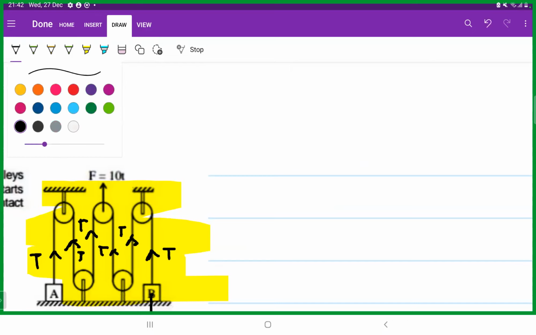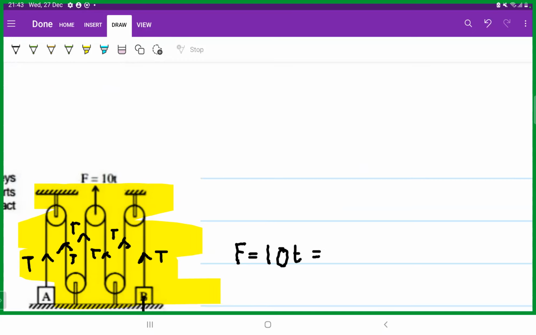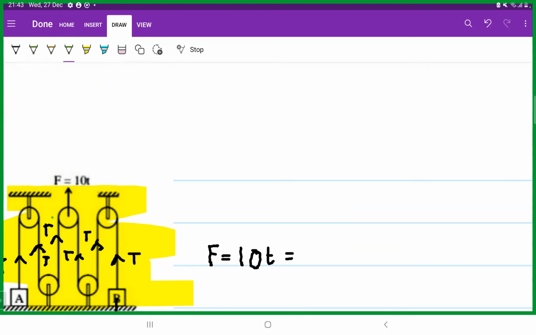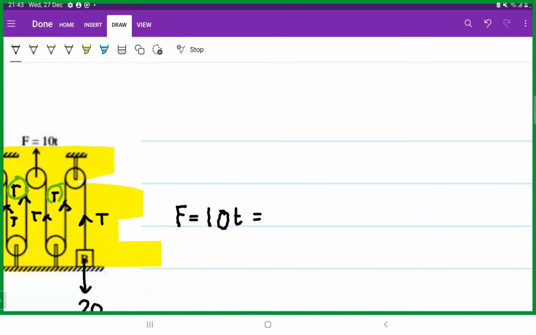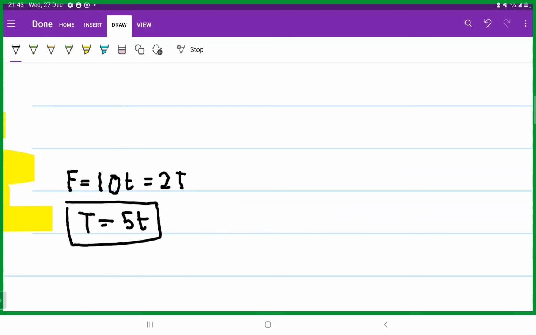The value of force is equal to 10t. You've got two tension forces over here, which will add up to 10t. So 2T is equal to 10t, so the value of tension T is equal to 5 multiplied by time.